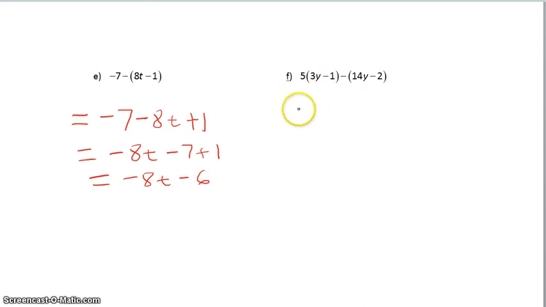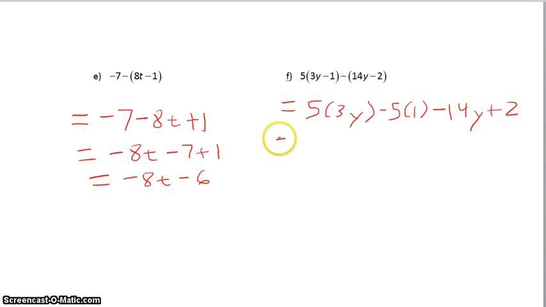Now we come to F. We do the distributive property here. We will have 5 times 3y minus 5 times 1. And then this minus sign is in front of this parenthesis, so it changes all of their signs. So it'll be minus 14y plus 2. 5 times 3y is 15y.